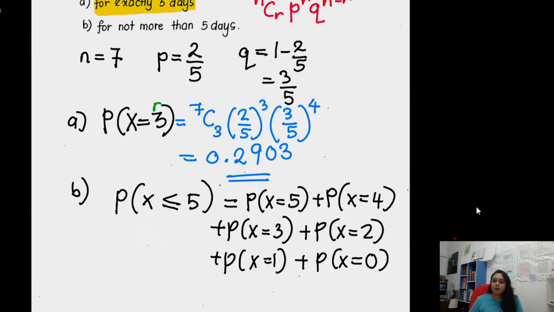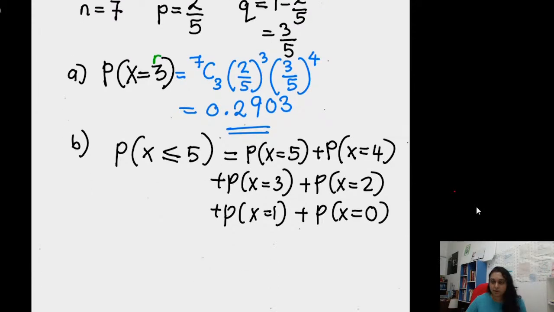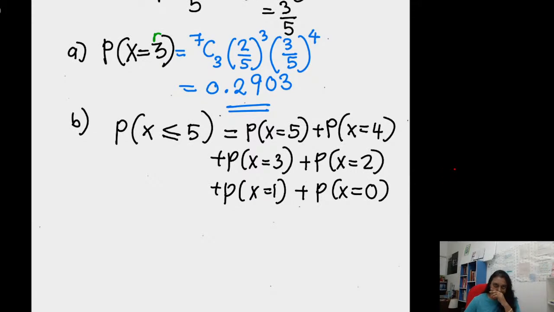Okay. Now, teacher wants to guide you all on something here. If you want to do everything one by one in your calculator and write down, boleh. I show you the normal working first. We do one by one.